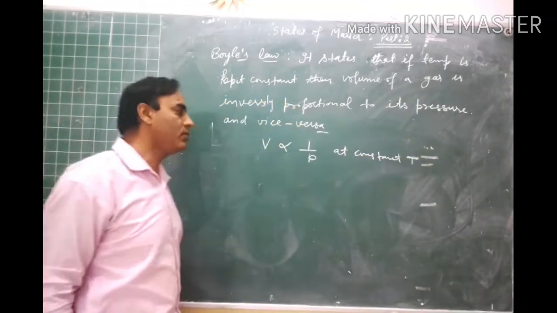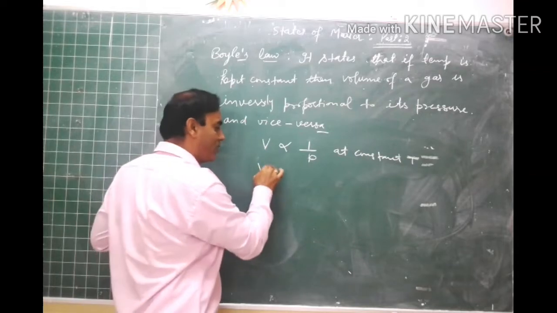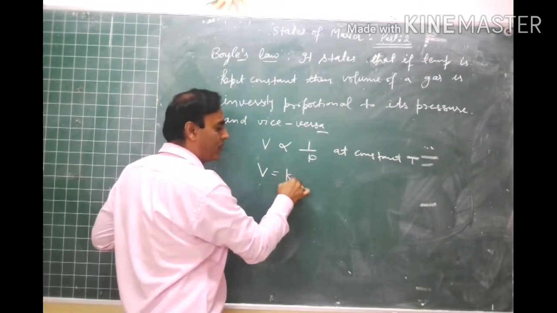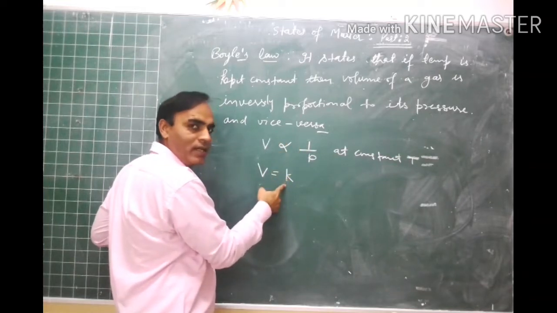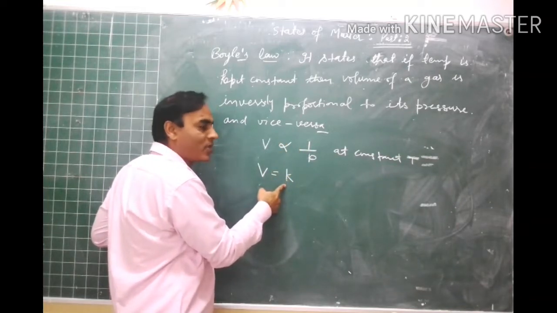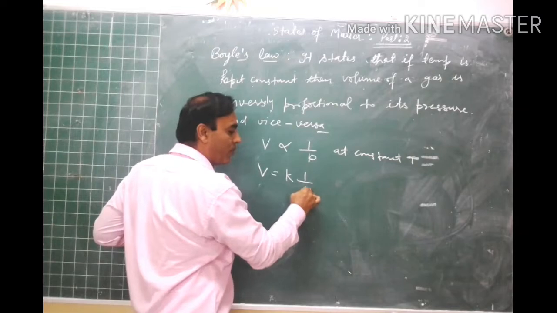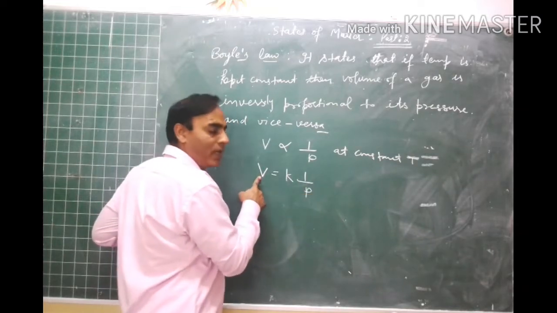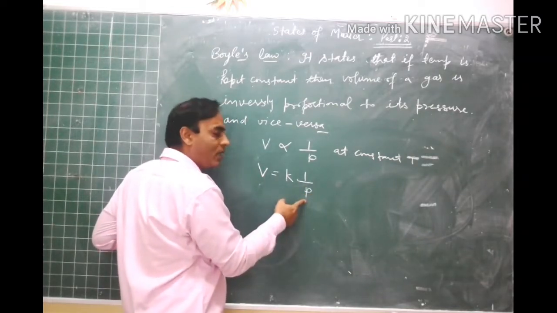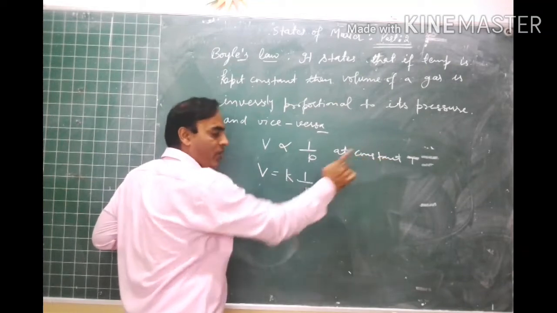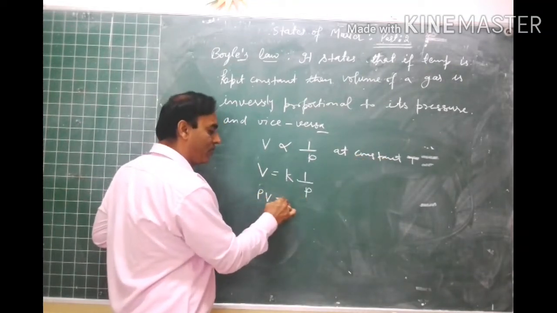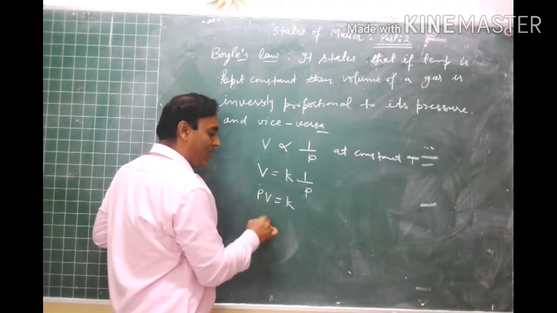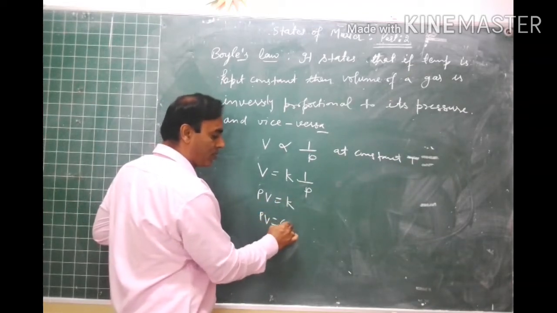Now we can also write V is equal to K, a constant of proportionality, into 1 upon P, where V is volume of the gas, P is pressure of the gas and T is their temperature. So take P this side. This will become PV is equal to K. That is, PV is equal to constant.